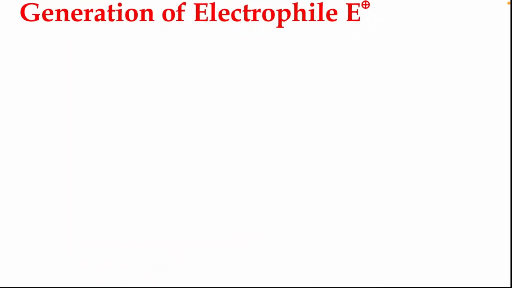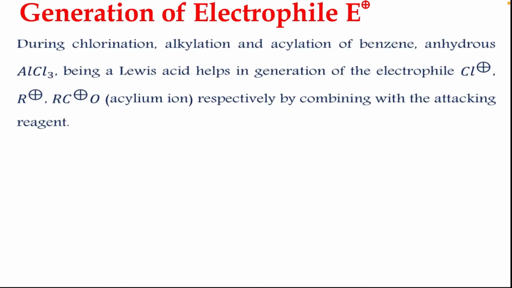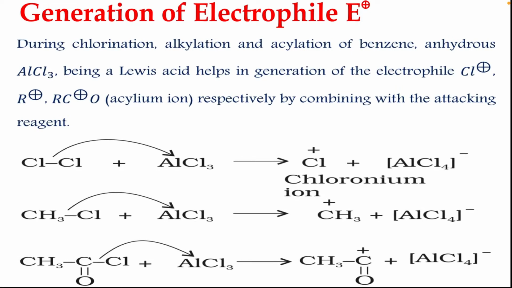First one is generation of electrophile. During chlorination, alkylation, and acylation of benzene, anhydrous AlCl3, being a Lewis acid, helps in generation of the electrophile Cl+, R+, RCO+, that is acylium ion, respectively, by combining with the attacking reagent.